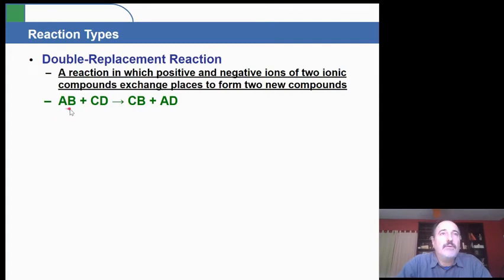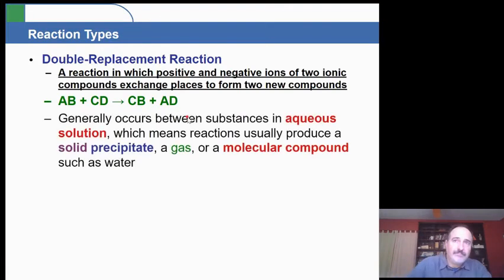So here you have the compounds AB and CD. Basically A and C switch, and you end up with C now reacting with B and A now reacting with D.